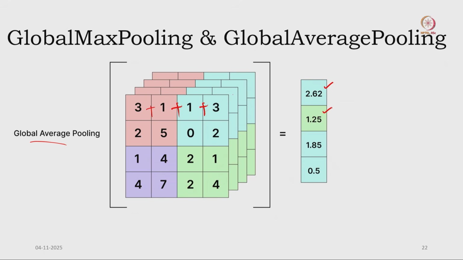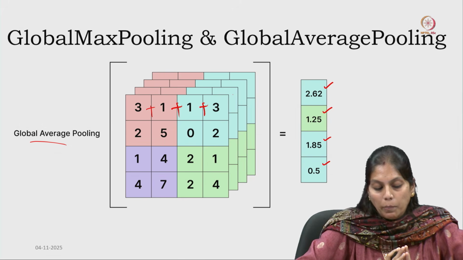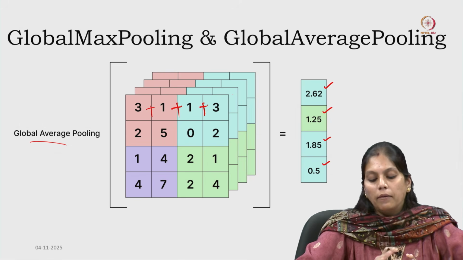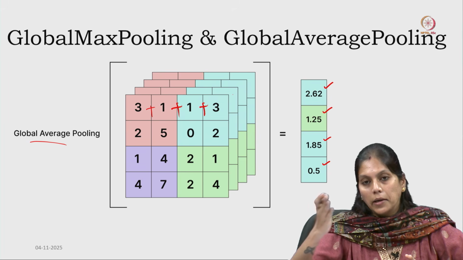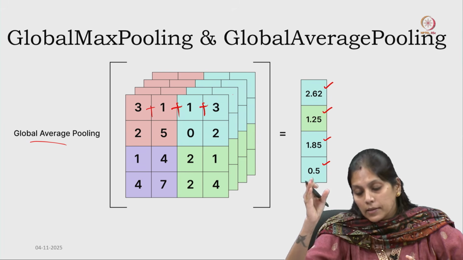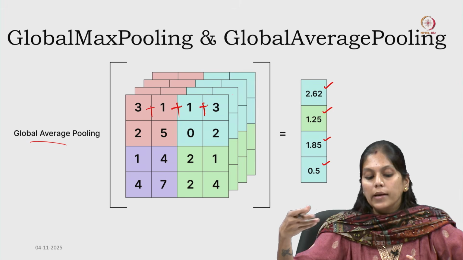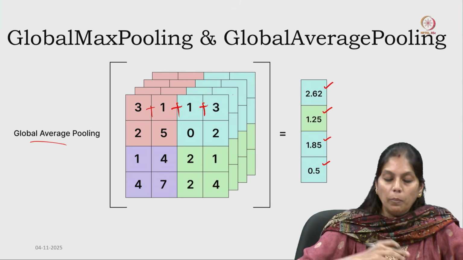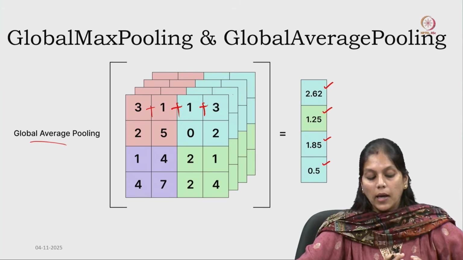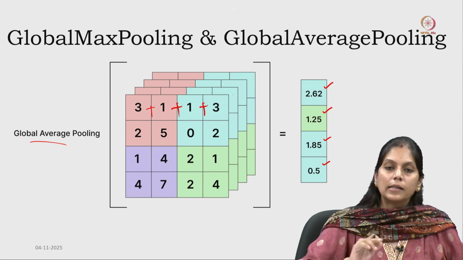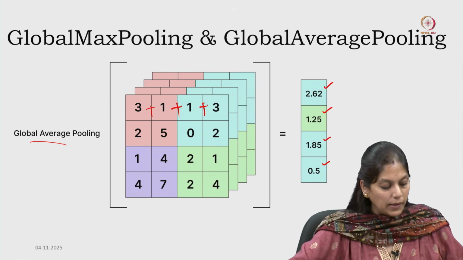So, you will get this value, this value and this value. What did we do? If you do not apply global average pooling, and convert this into flatten, the size is very large. So, instead you can apply global average pooling. It will just take the average of all the elements.